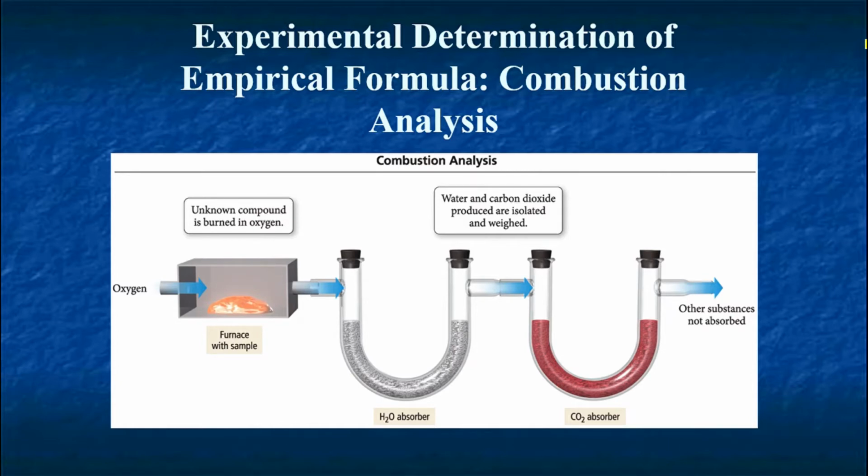That by itself is not sufficient. Remember, we added oxygen when we carried out the combustion. So the oxygen in the water and the oxygen in the carbon dioxide products, not all of it came from our sample. Some of it was incorporated from the oxygen that I pumped into the combustion chamber.